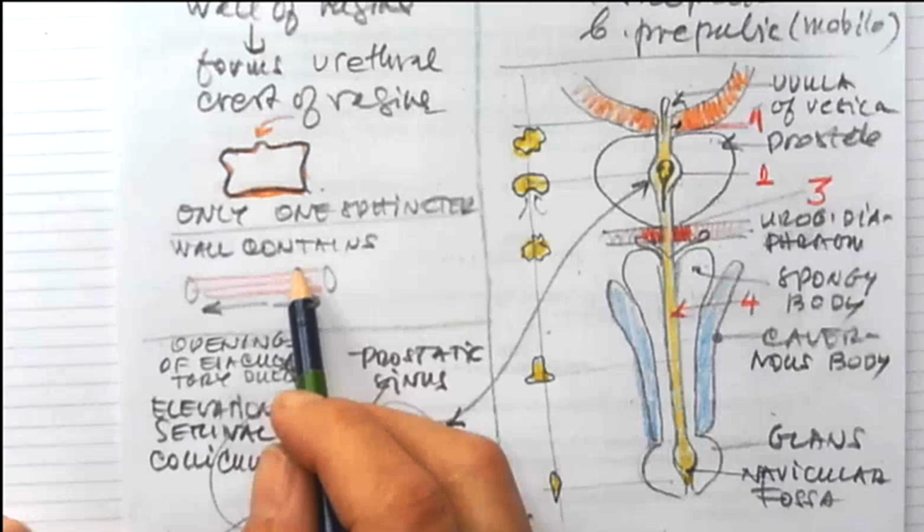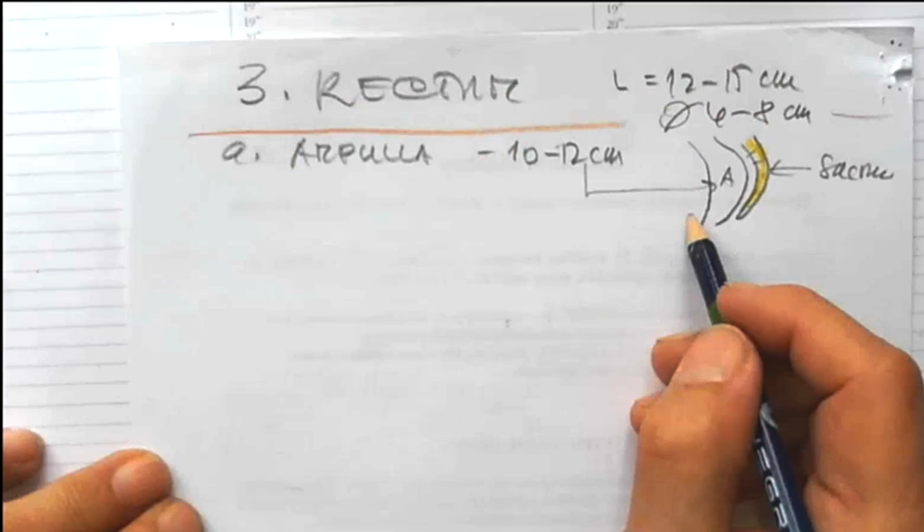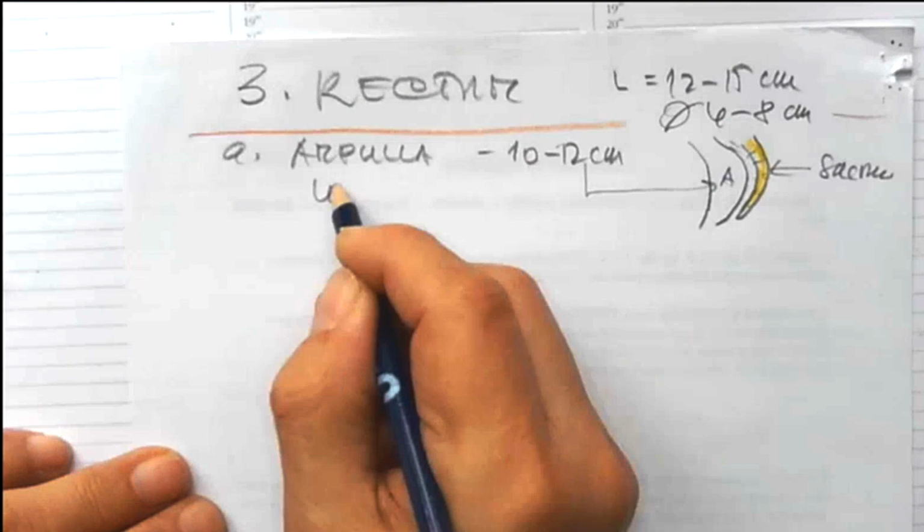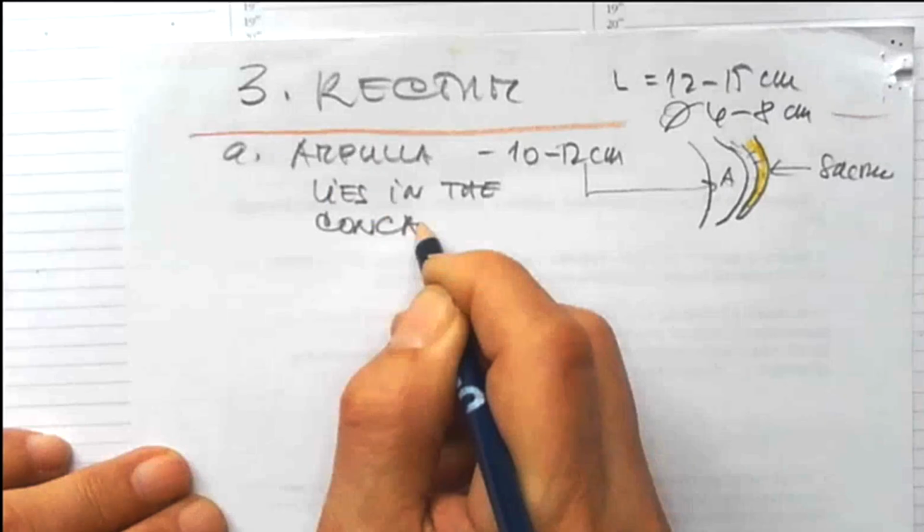We see the convexity and this is the concavity, this is the ampulla here, and here is the sacrum. So in fact the curve copies the concavity. It lies in the concavity of the sacrum.